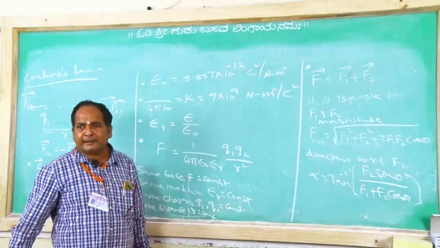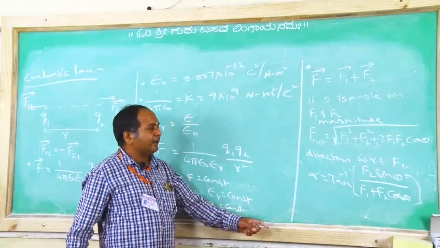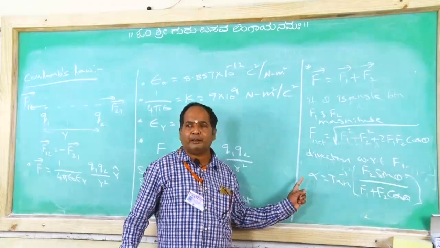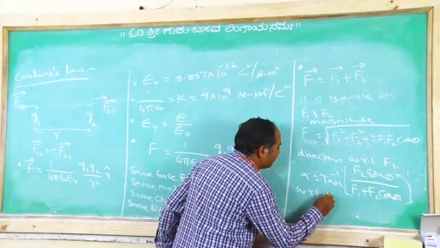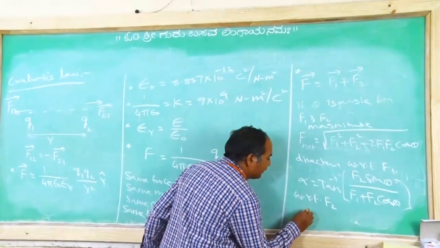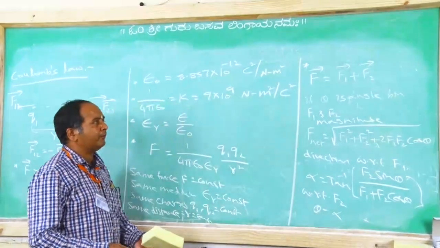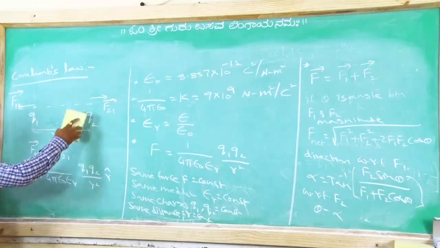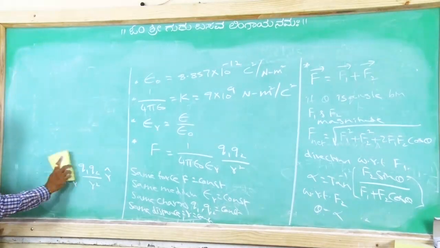If you want to write the direction with respect to F2, it is theta minus alpha. These we should remember carefully when we apply Coulomb's law.